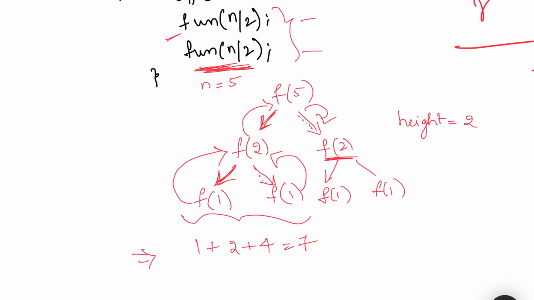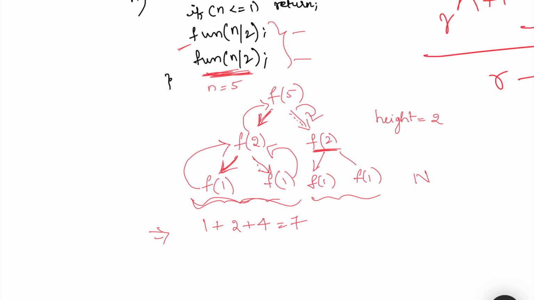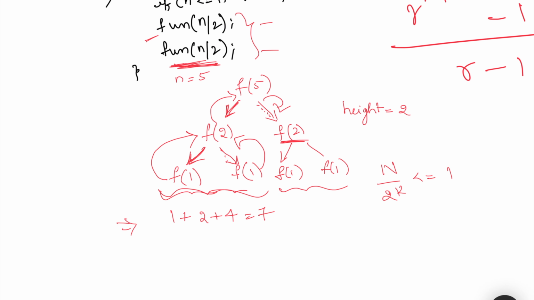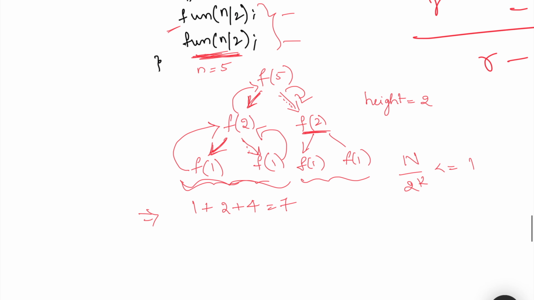How the height of the tree is calculated is, we stop when we reach f of 1. That means when n by 2 power k is less than or equal to 1, the tree stops growing, and it becomes a leaf node. So here the k is again log n, as we have seen earlier.